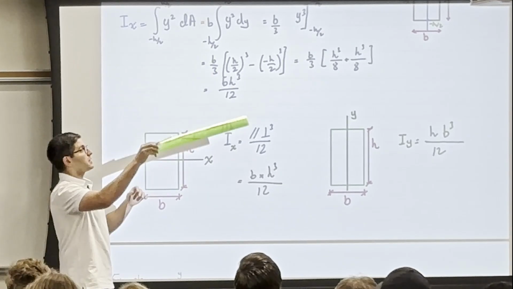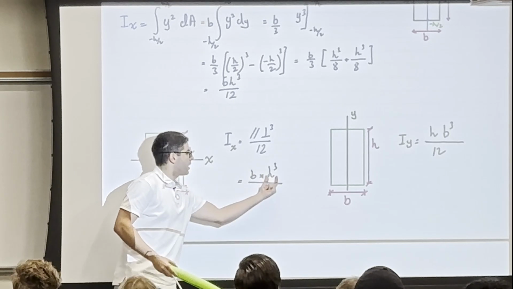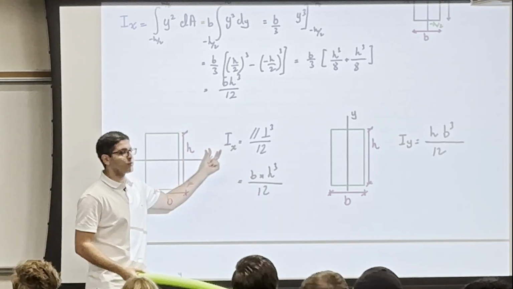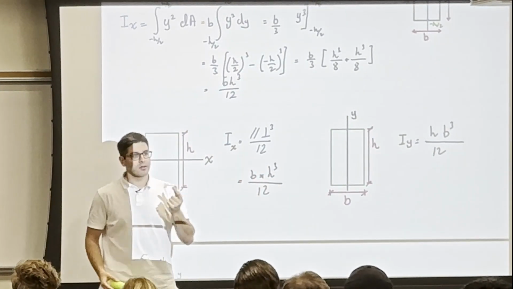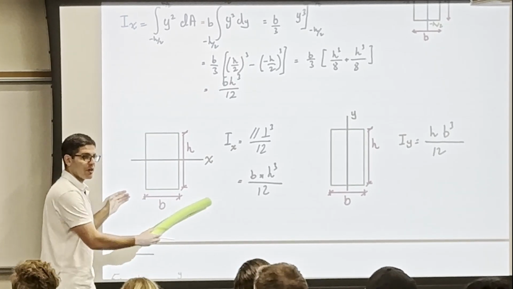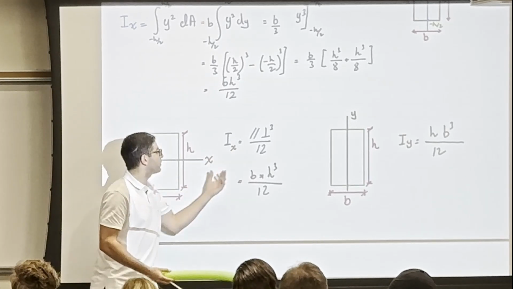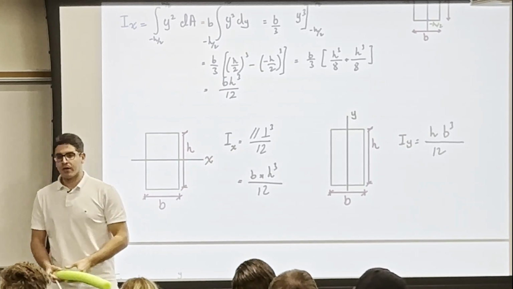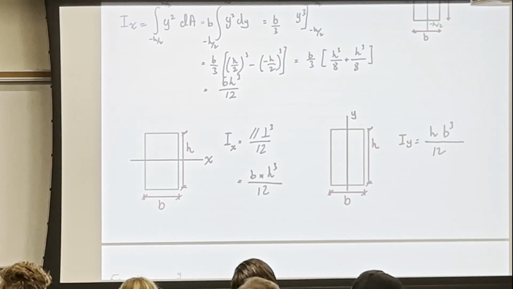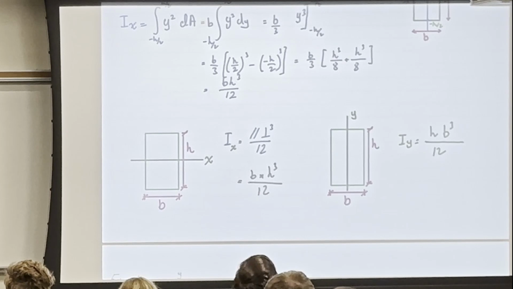Because if we increase its depth, we get a moment of inertia to the power of 3, more than if you just increase the width. Increasing the width also affects the inertia, but not as much as h. That's why in some applications, when you want to increase the resistance to bending, we increase the h.